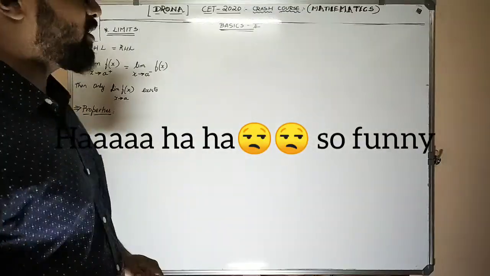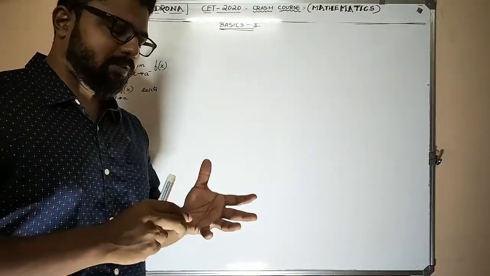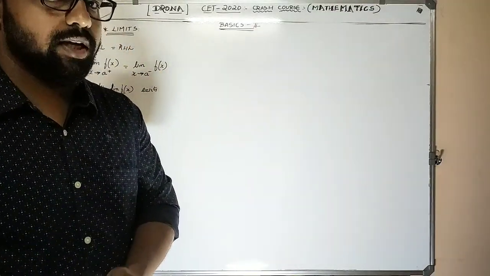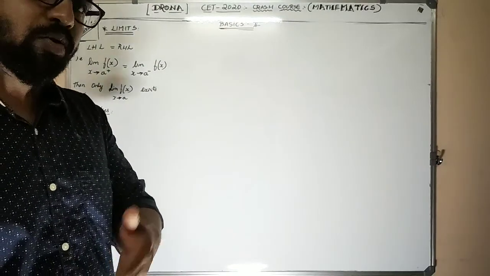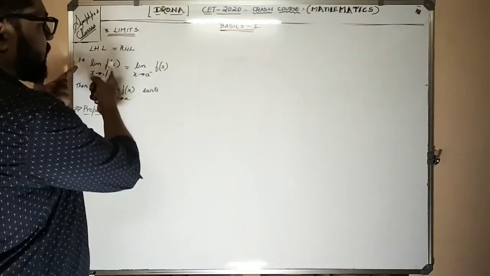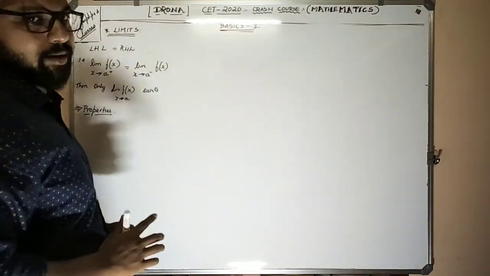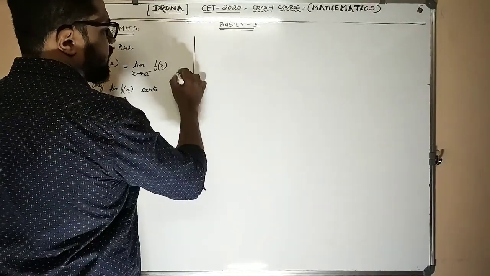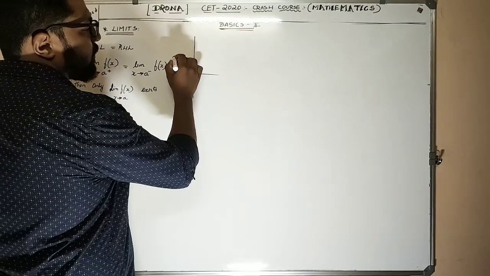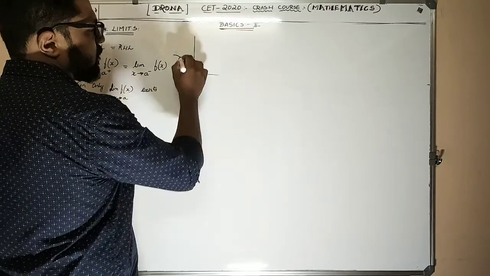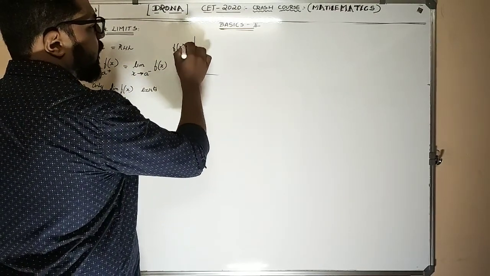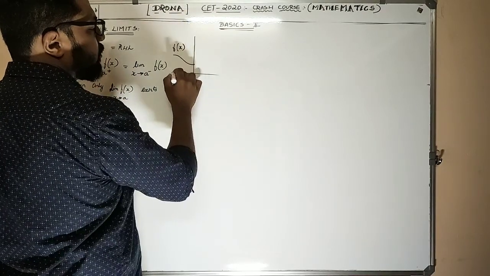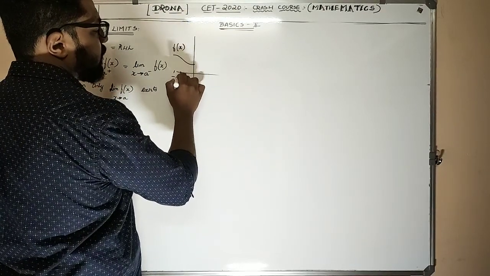Now, the limit is an operation which can be applied to a function only if the left hand limit is equal to the right hand limit. To give you a better idea, you have already studied this. Suppose I apply a limit to a function f of x, and this is the negative side, the negative numbers like -1, -2.